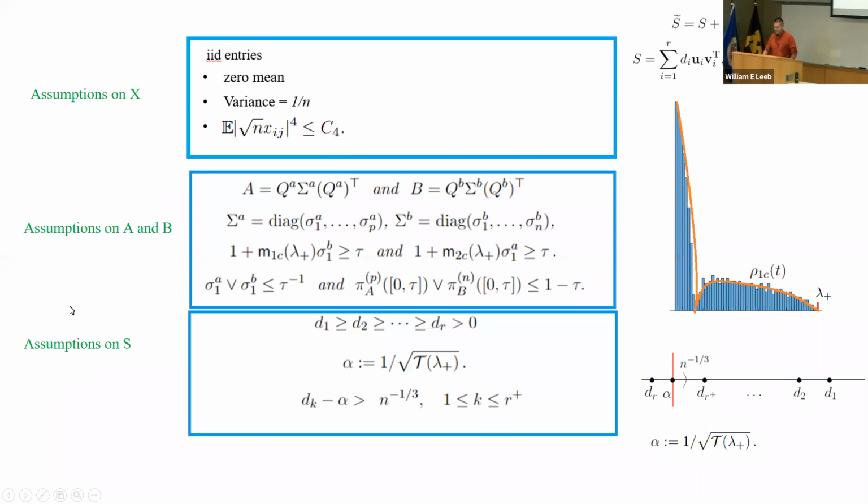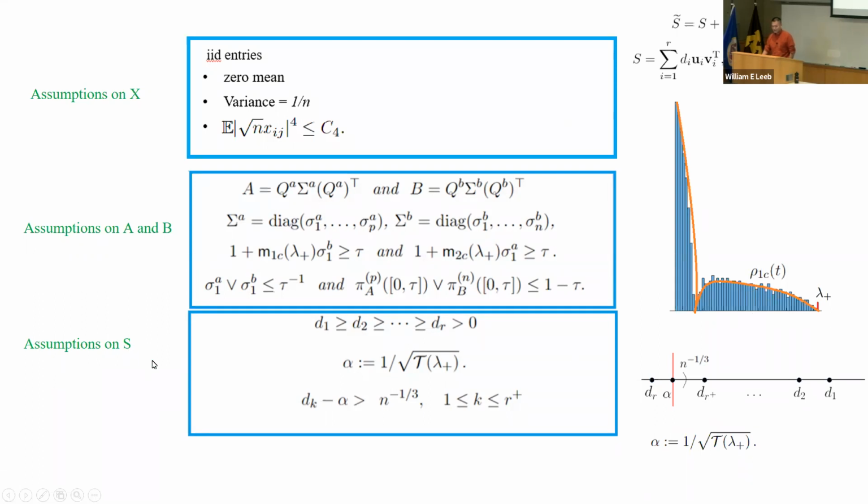And A and B have an eigenvalue decomposition like this. These two assumptions make sure that the limiting eigenvalue distribution of the noise-only data matrix has a compact support and is not all concentrated at 0. So it just gives some regularity to the noise-only distribution rho 1c.